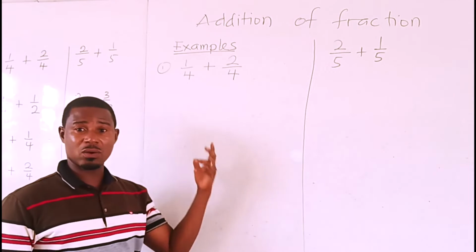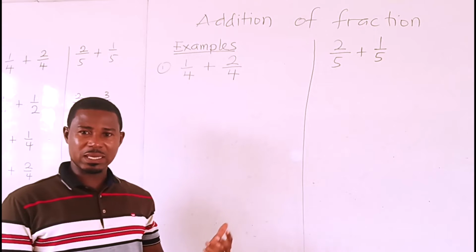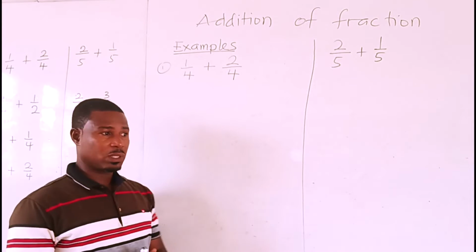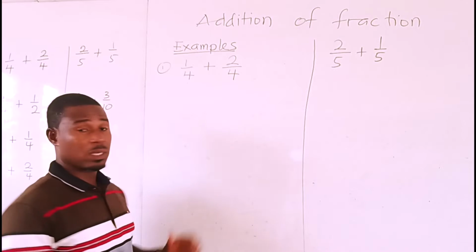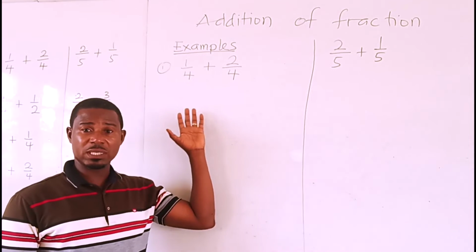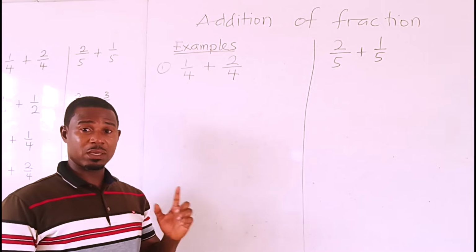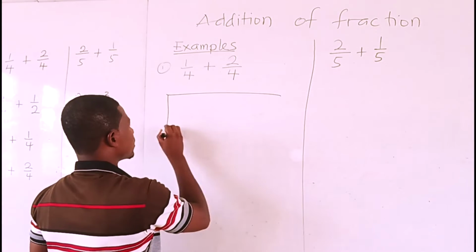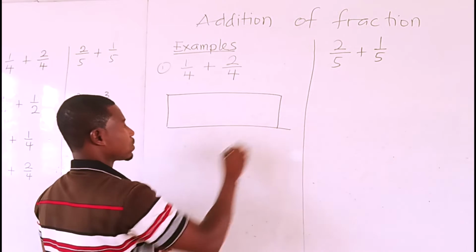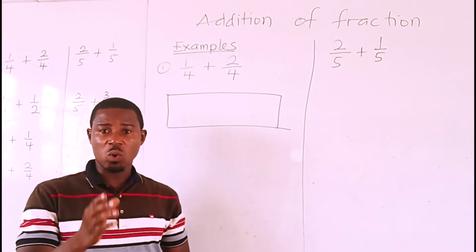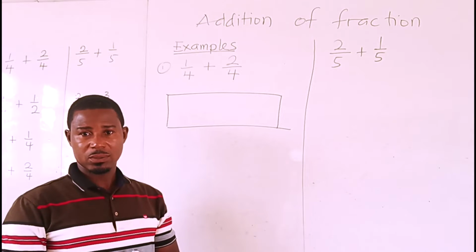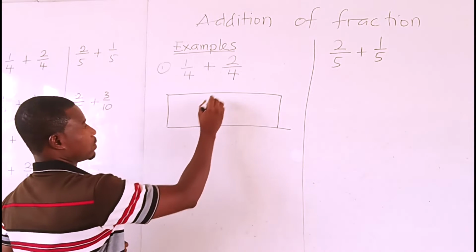Let's find out how you can use a diagram to do this work. Now, with the denominator being 4, it means that we will have a whole. This whole shall be divided into 4 equal parts. So let's do that.